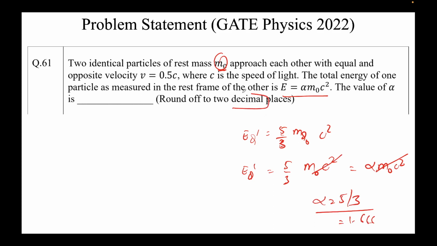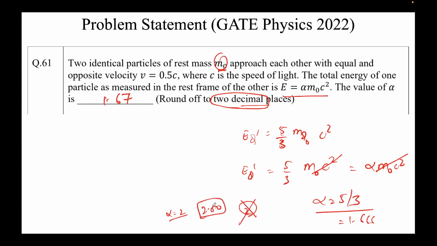And note, 2 decimal places. Be very careful with this. Okay. 1.666 gets rounded off to 2 decimal places as 1.67. If it says 2 decimal places, you have to give 2 decimal places. Let's say in some question you come out with alpha equal to 2, then you need to write 2.00, not 2. Okay, be very careful.